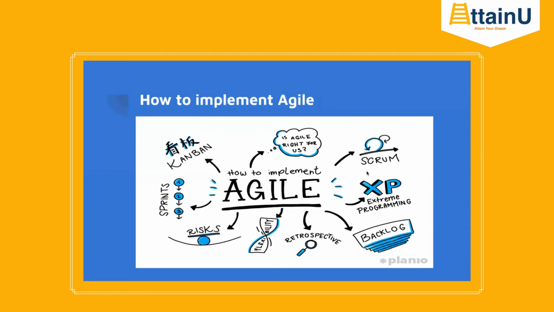But it is not that they work on the specific steps that Scrum says. Mostly they pick up something from Scrum, something from extreme programming, something from Kanban, etc. Right? So you will always face some combination of all these things, right?